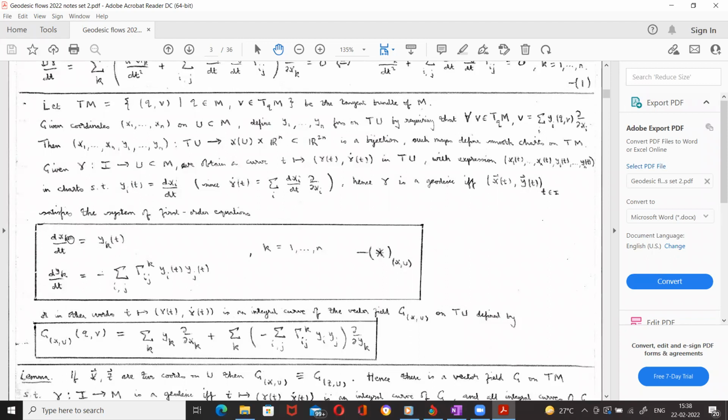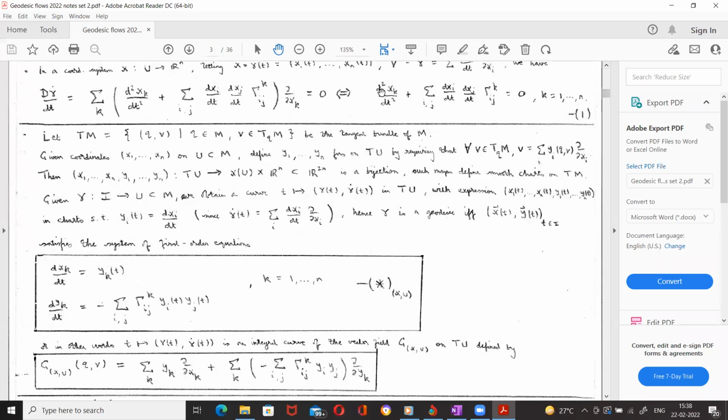So dxk/dt is yk(t), and the geodesic equation, d squared xk/dt squared, becomes a first order derivative of yk, dyk/dt, and dxi/dt dxj/dt becomes yi yj, which I take to the other side.